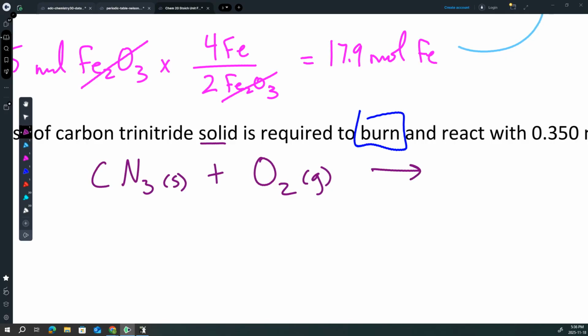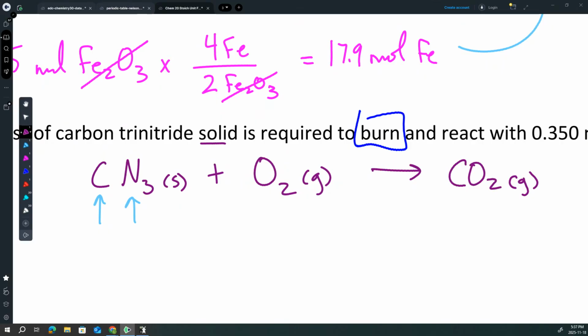All right, now let's predict our products. So you can imagine that oxygen is reacting with each individual element of our fuel, okay? And it's going to create the most common oxide with each of those elements. So the most common oxide with carbon is carbon dioxide.